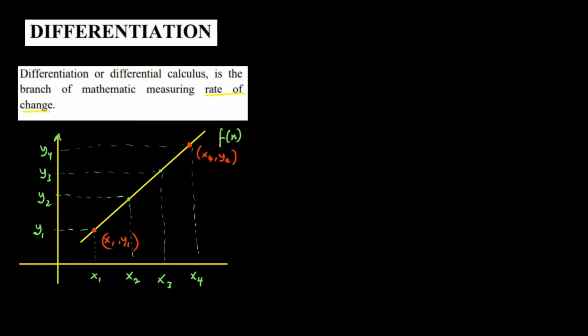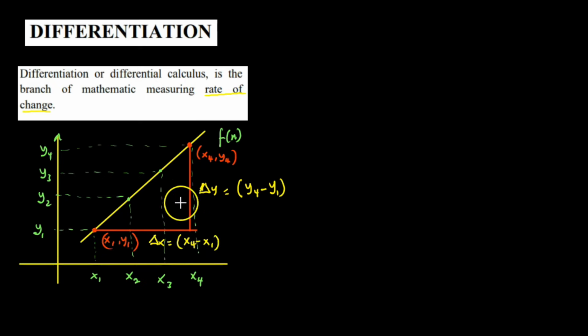If we form a right angle triangle, then we are going to obtain the change in y component and the change in x component. The change in y component gives us y4 minus y1, and the change in x component gives us x4 minus x1.